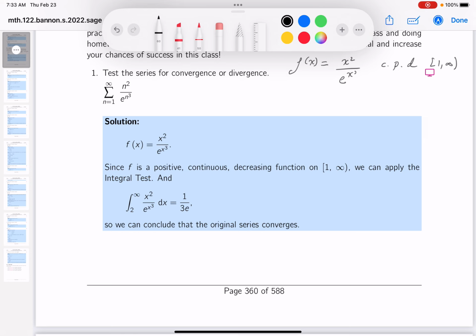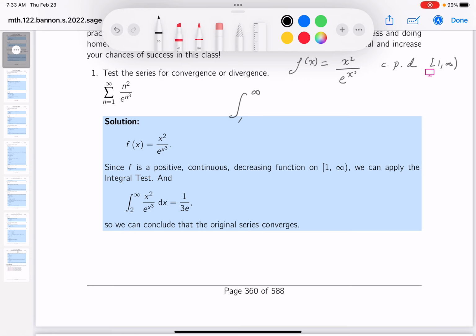Okay, so what I'm going to do over here is write the integration down, 1 to infinity. Let me see if I said that right. I'm going to go from 1 to infinity. And let me put the integration down.